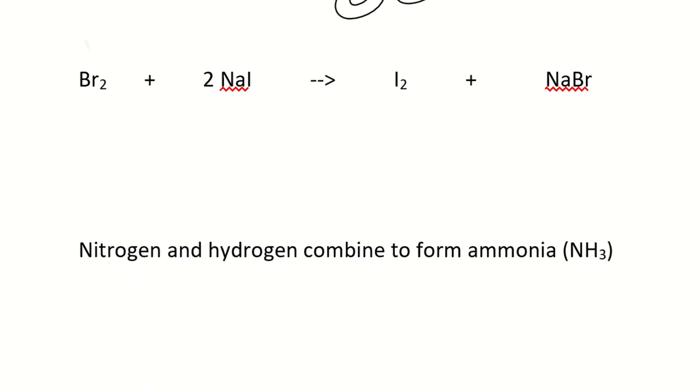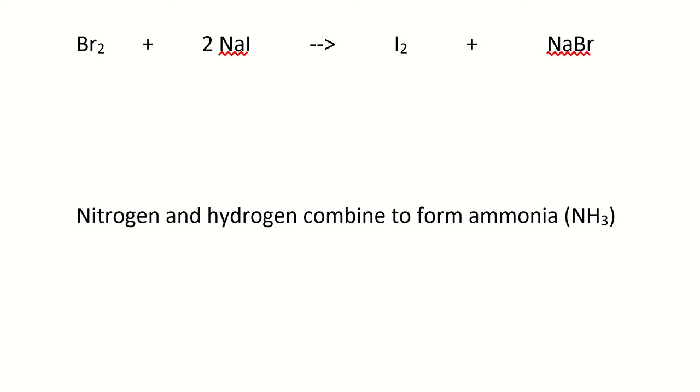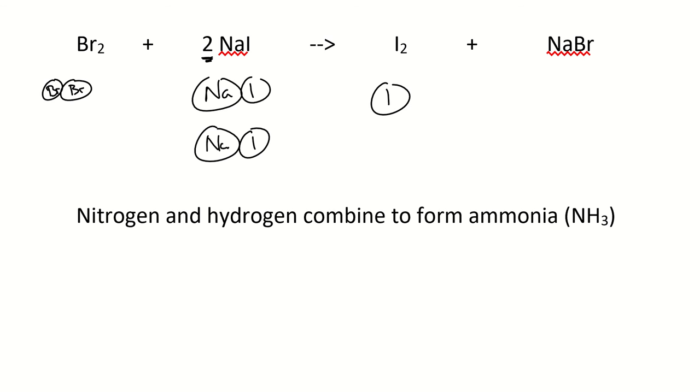For these last two examples, I want to combine our particulate models with balancing equations. Here we have Br2 that you drew earlier, reacting with sodium iodide. And notice there's two of them. We'll draw two to form iodine and sodium bromide.